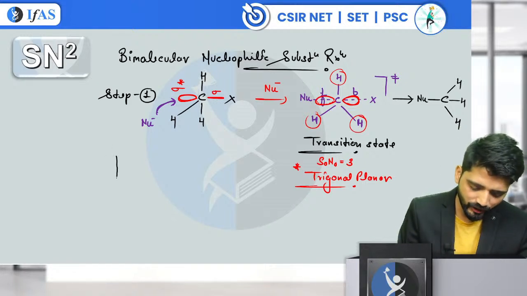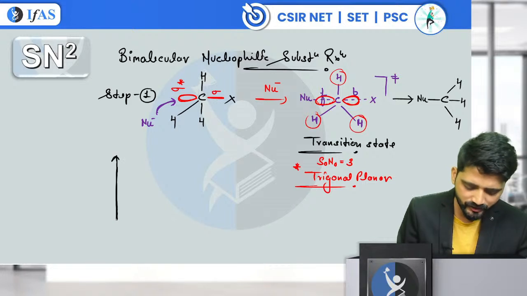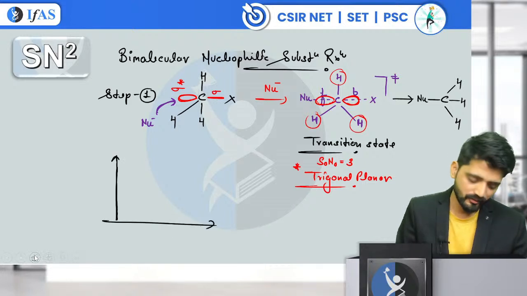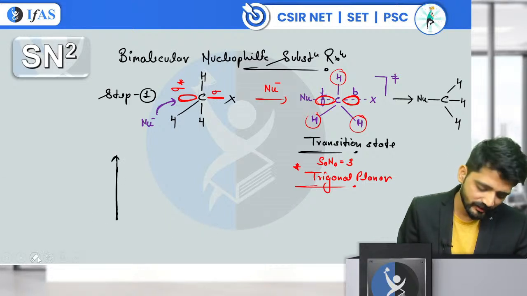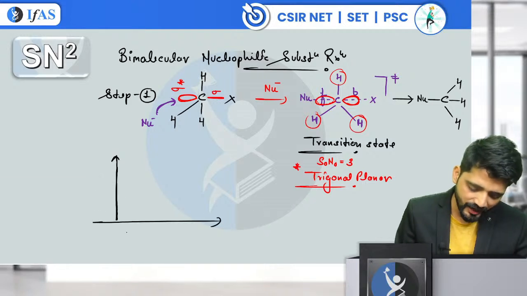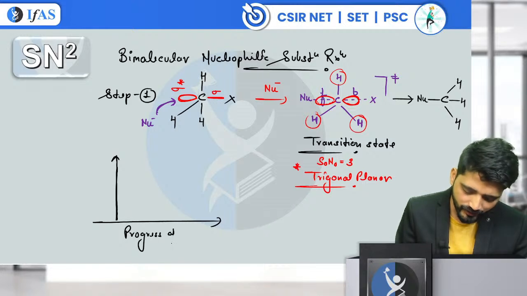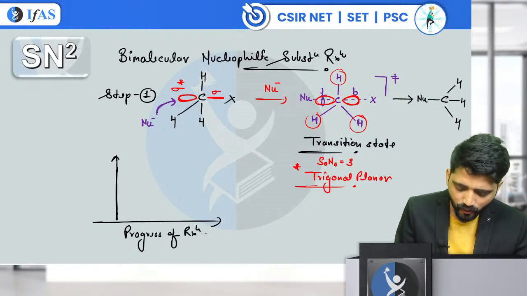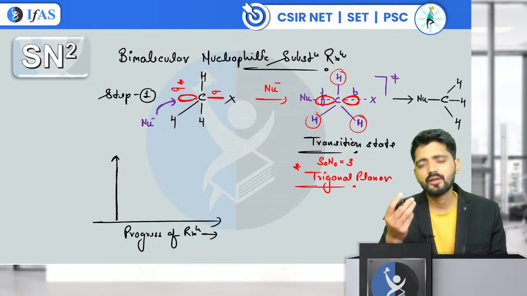If I draw a potential energy diagram for this SN2 reaction, what does this potential energy diagram mean, sir? It is when I try to represent this reaction on a graph. On the x-axis we write the progress of reaction. Some books use reaction coordinate.